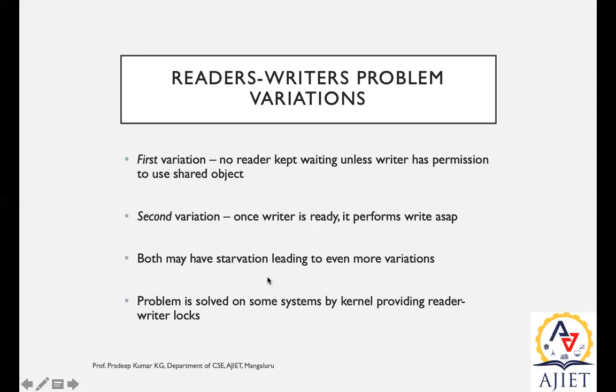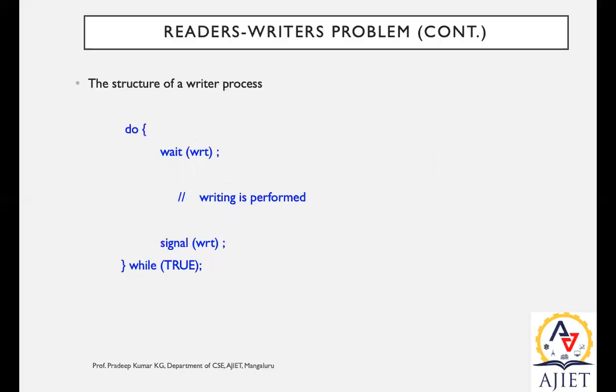Both may have starvation, leading to even more variations, because only one can enter. So the other processes are supposed to wait. The problem is solved in some systems by the kernel providing reader-writer locks. We can enable reader-writer locks in this scenario so that we have a better solution for the readers writers problem. Understood? Readers writers problem.